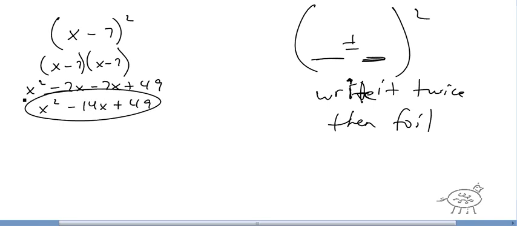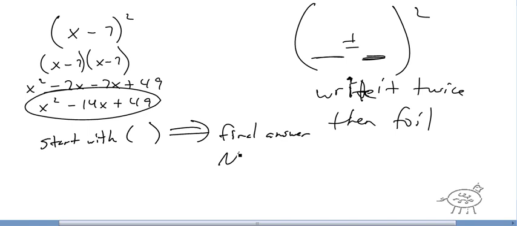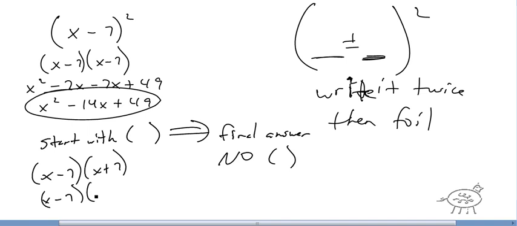That is your answer. Now, I want to mention this because this is the last day that we're going to be doing just multiplying and adding. You're going to start with parentheses, and your final answer has no parentheses. That's important. All these problems that we're doing, you're starting with parentheses: x minus 7 quantity squared, x minus 7 times x plus 7, and so on.